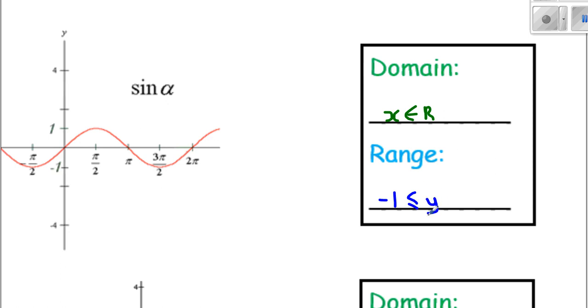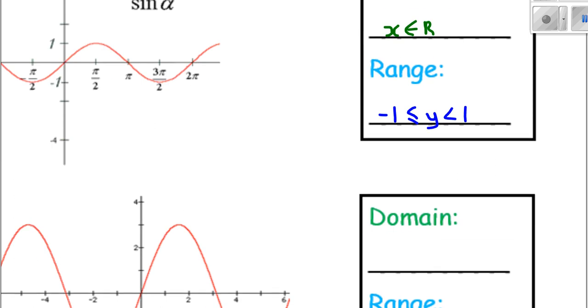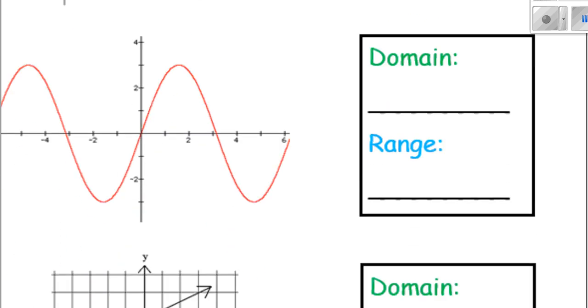Same thing, x ∈ ℝ, it's going on infinitely horizontally. There's no dots to say it stops or begins at any point horizontally. The range values are between -3 and 3. So -3 includes those points, and +3. Sorry, that's meant to be +3.